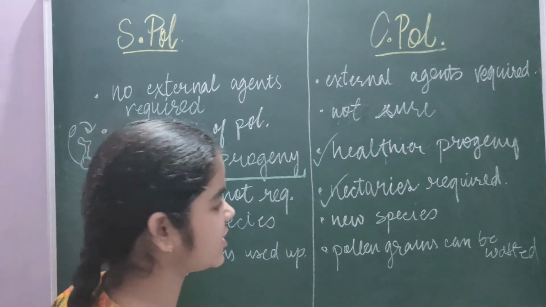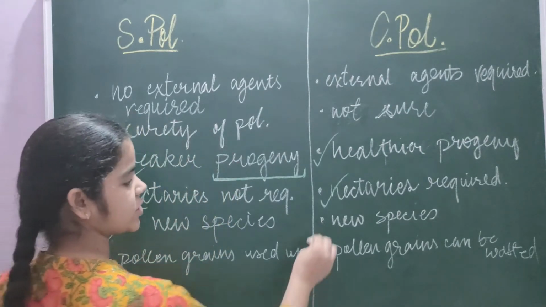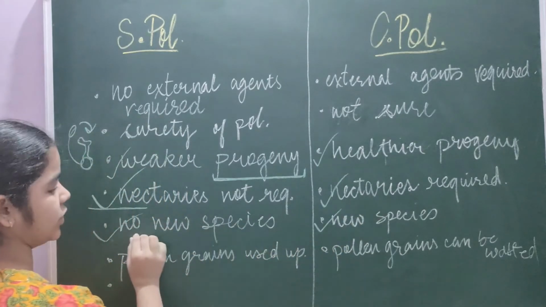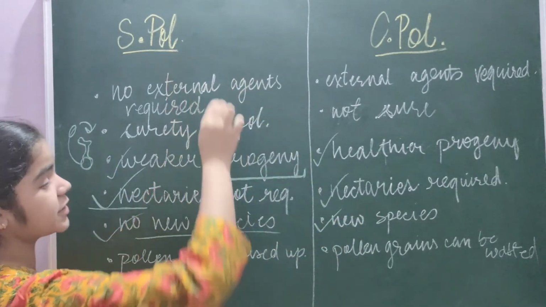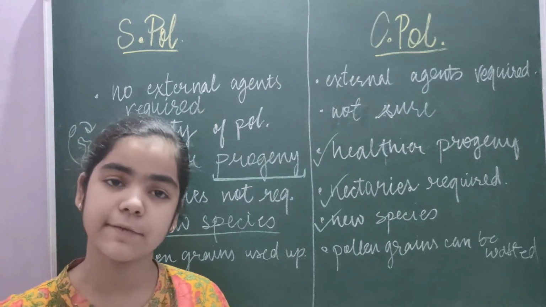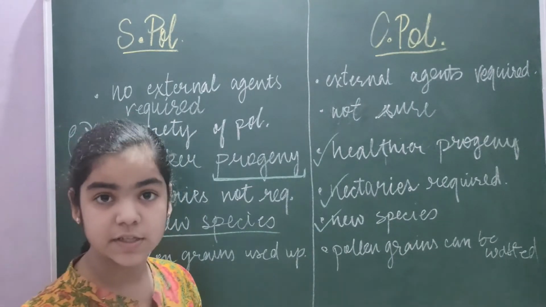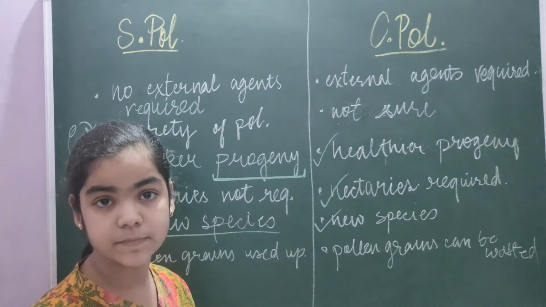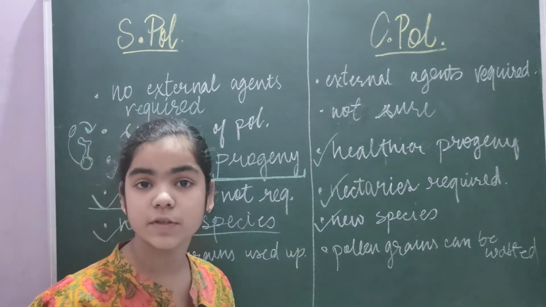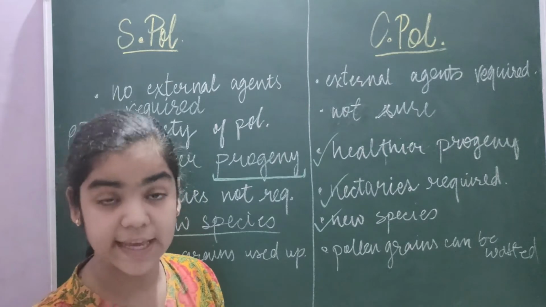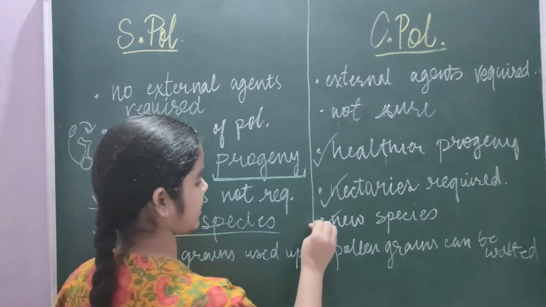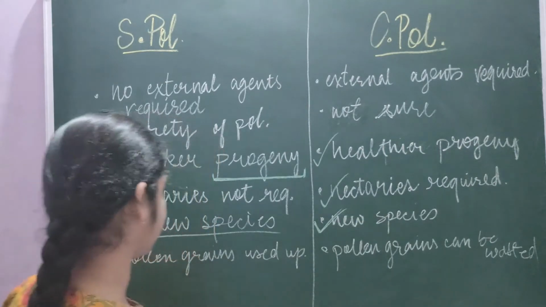So due to these differences, new species are not formed in self-pollination, because whatsoever type of flower will be there, it will depend on it. But due to the different species of the flower, like the strength of the gametes, it can occur that new species are formed.